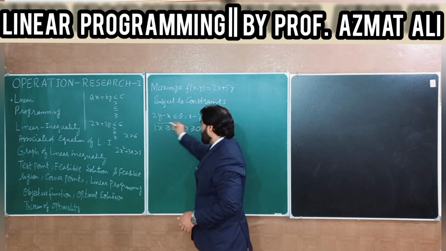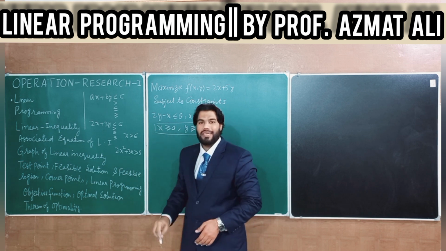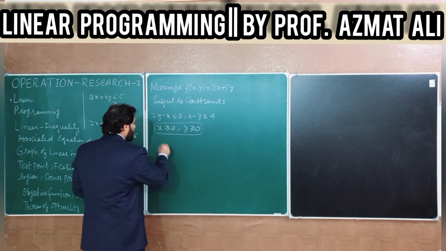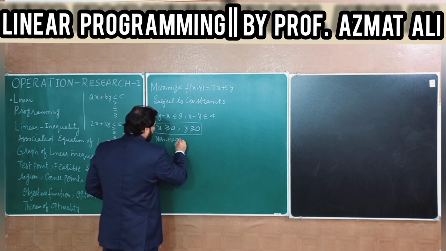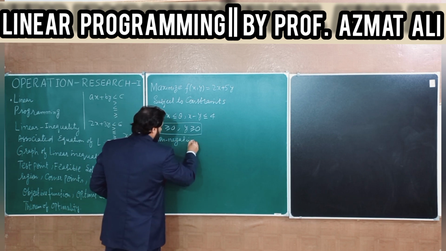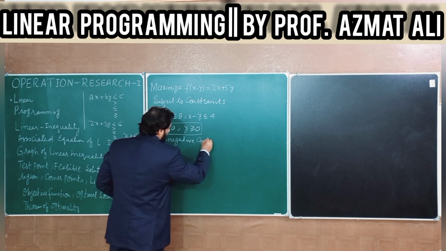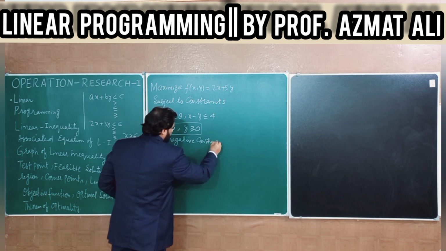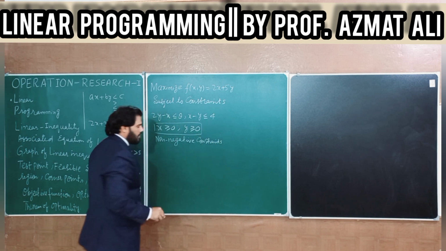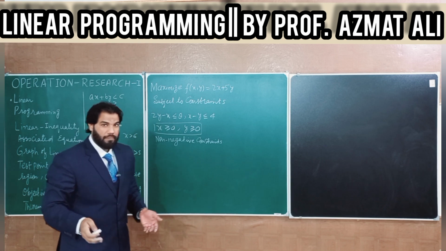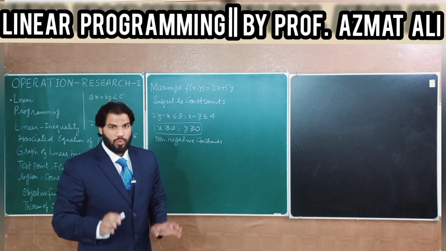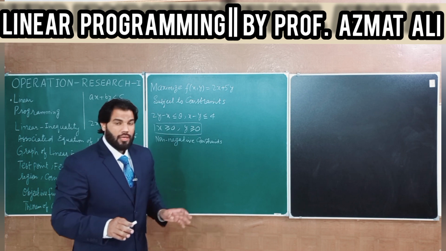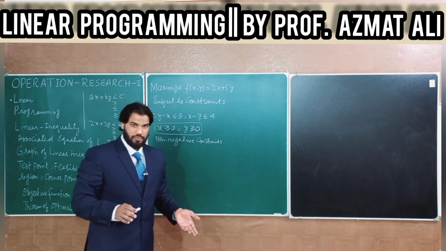These two conditions are called non-negative constraints. These non-negative constraints actually show our solution will always lie in the first quadrant, because you know that in the first quadrant all x and y are positive.